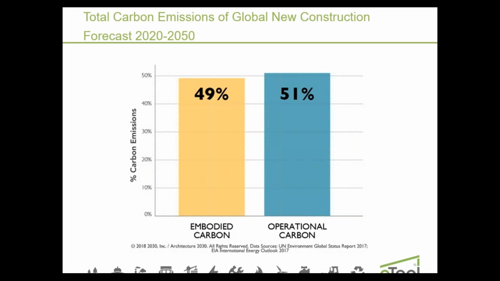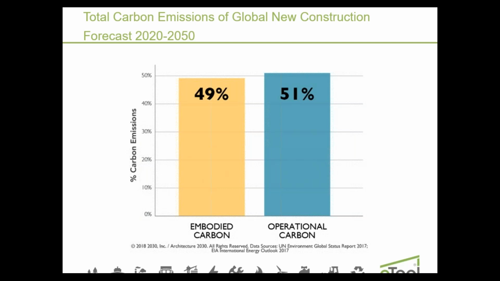Whereas embodied carbon is locked into the materials that the building consists of, and they are produced upfront and need to be considered as well.